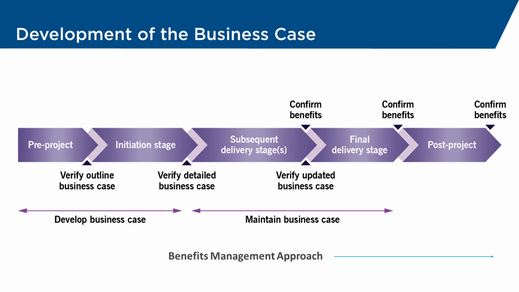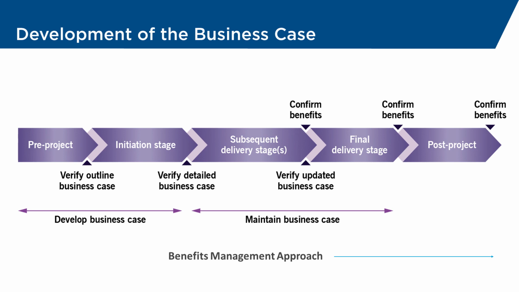At the end of each stage, if required, again, we're going to verify our viability, but we may also be looking to confirm if any benefits have been delivered or realized. So remember, whilst we expect most of our benefits to be delivered post-project, some might actually be realized whilst we're in the delivery stages.